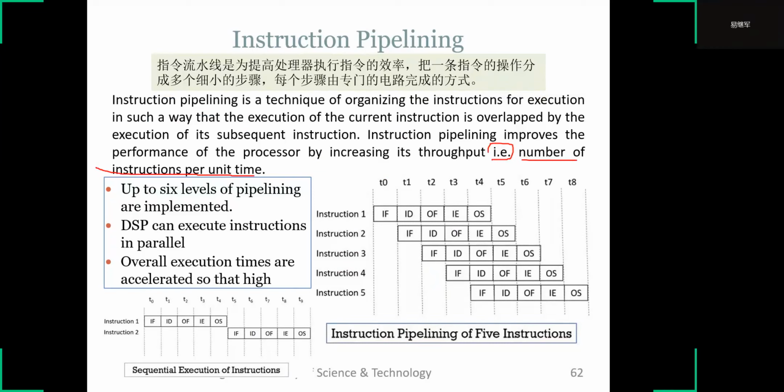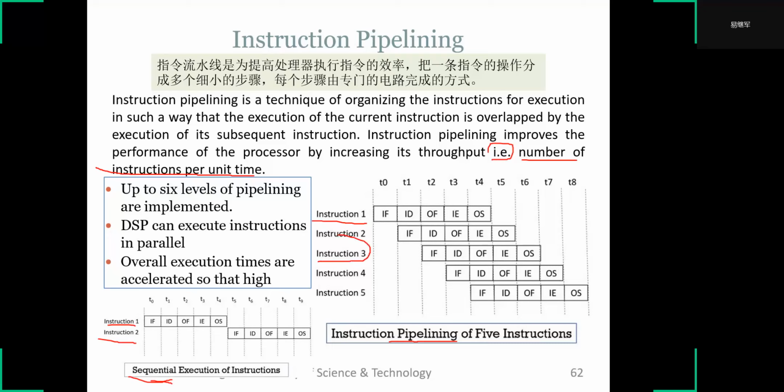This is a comparison for the sequence and the pipeline. Sequence: this is instruction 1 and instruction 2. After instruction 1 is ended, instruction 2 is started. But in the instruction pipeline, instruction 2 is started when instruction 1 is executing.